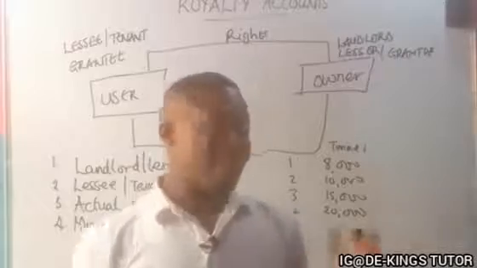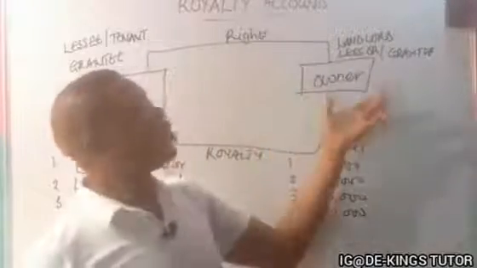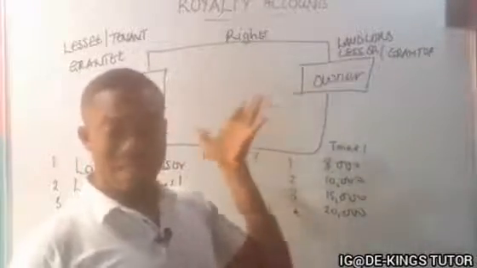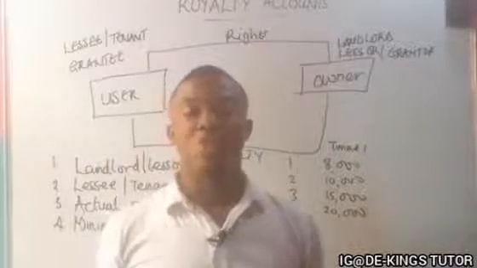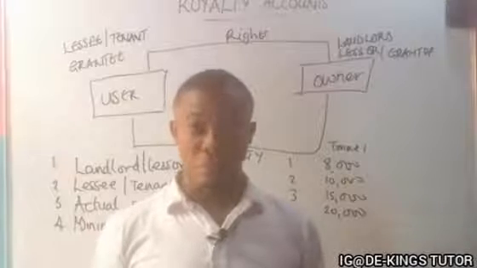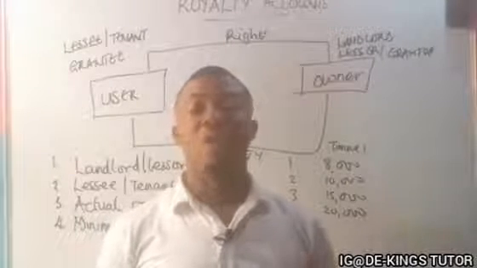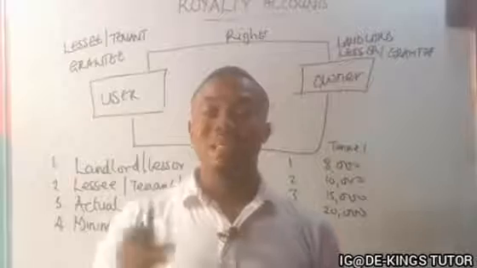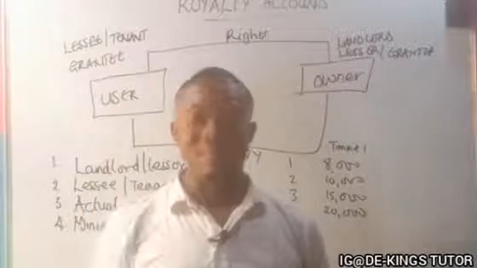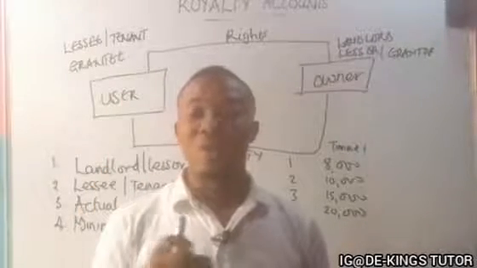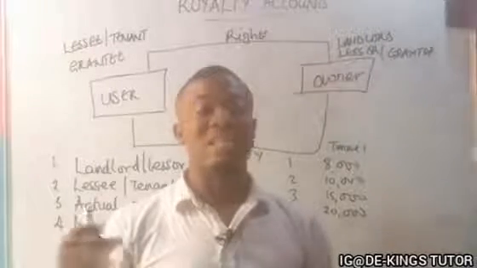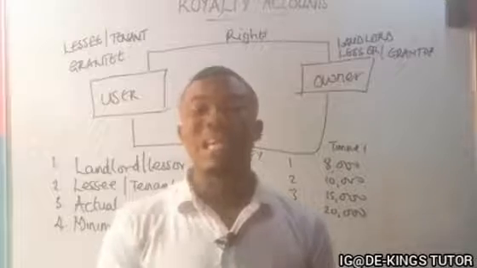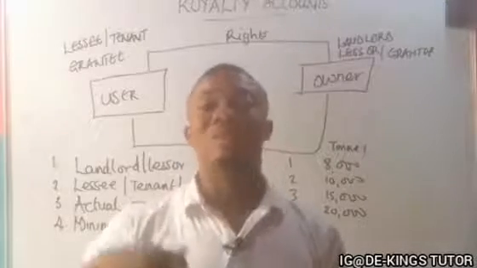For instance, like I said before, the landlord and the user, the lessee, will have to come to an agreement. You are making use of my product or you want to sell my books. For each book you are selling, this is the amount of money you are to give me. The minimum. You cannot give me below that amount, but you can give me above, in case there's a time for surplus.